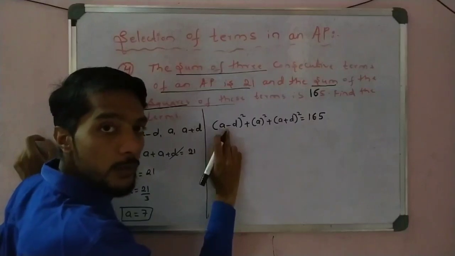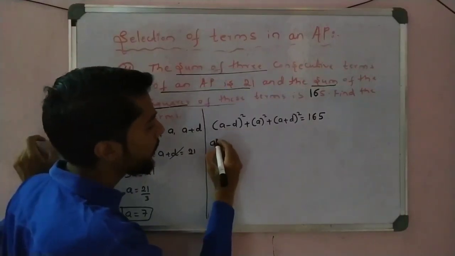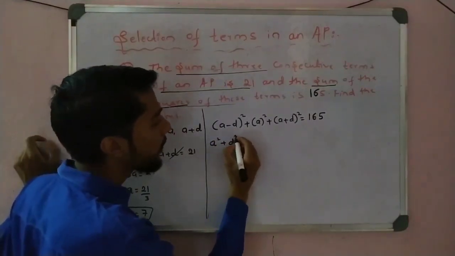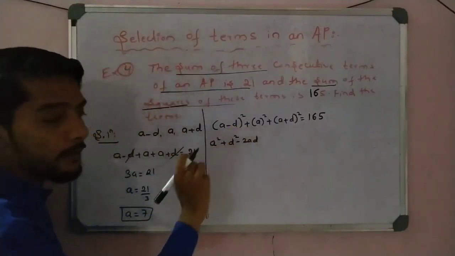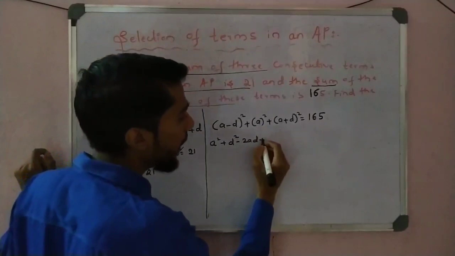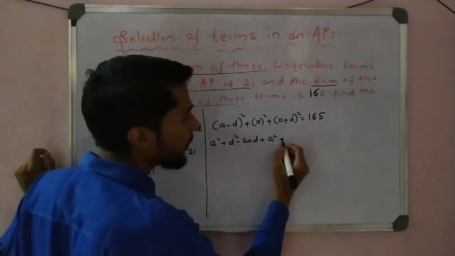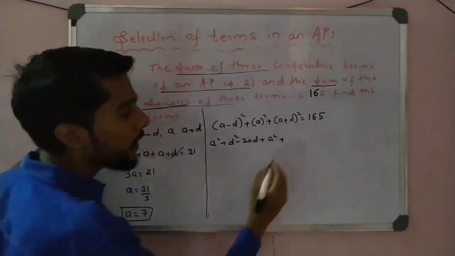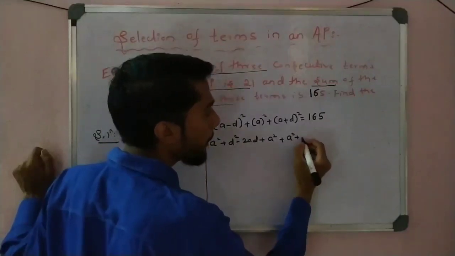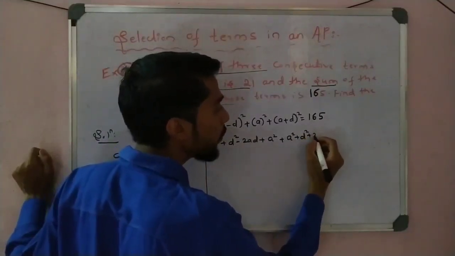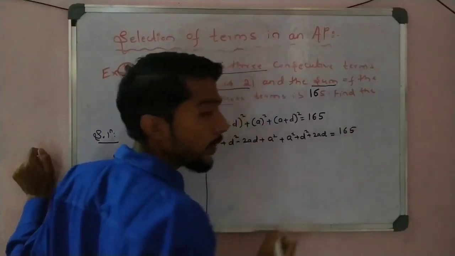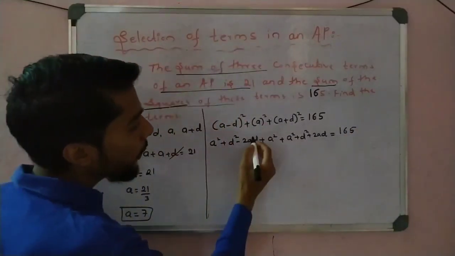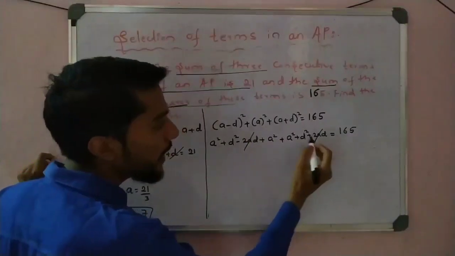That is a square minus 2ab plus b square, so I can write a square plus d square minus 2ad, because d is there. Next a square as it is, plus what is a plus d whole square? So it is a square plus d square plus 2ad, is equal to 165. Okay students, now see here, minus 2ad plus 2ad get cancelled.